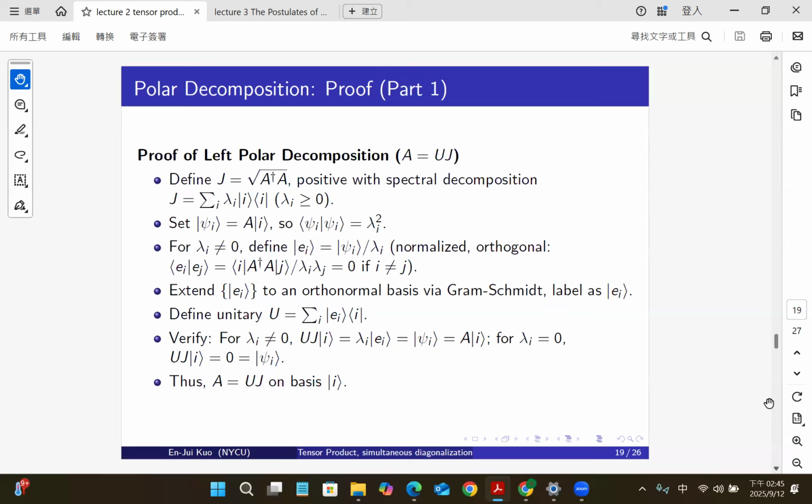The nice way to get J is to just take A dagger times A. Notice that A dagger A is Hermitian, because when you take the dagger again, it becomes A dagger dagger, which is the same. So A dagger A is Hermitian, which means you can always apply a spectral decomposition. And obviously A dagger A is positive semi-definite, so we can take a square root.